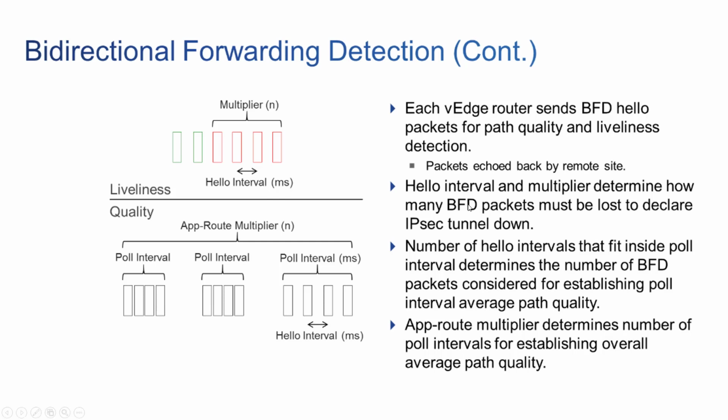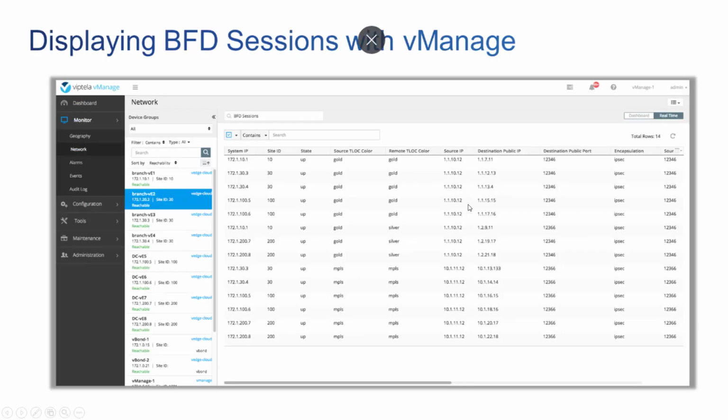In 16.2 and later, I can look at the BFD sessions in vManage by simply going to Monitor, going to the network screen. I'm going to locate the vEdge router using the sort options in the drop-down, or do a search, and then scroll through the list of devices in my table.